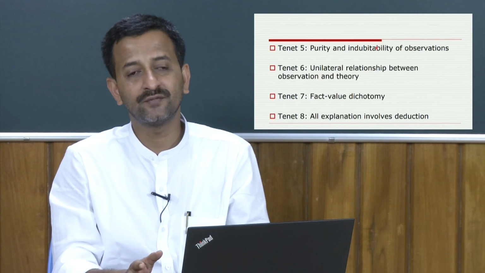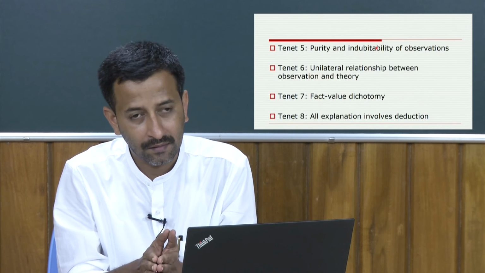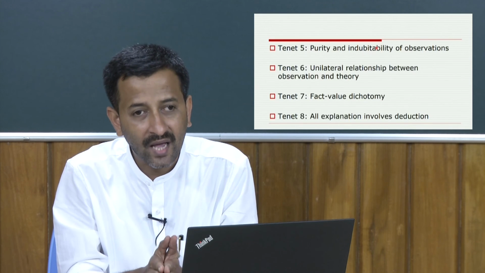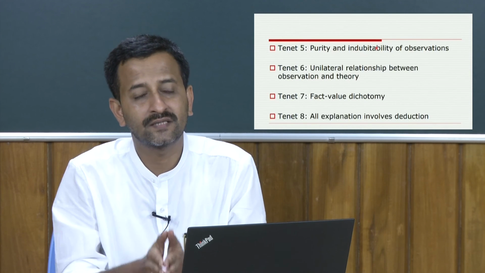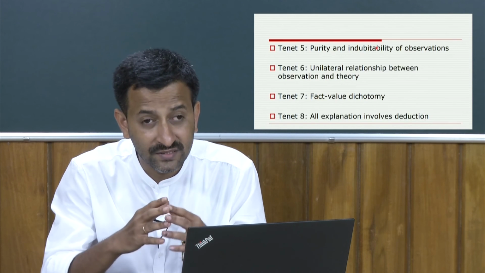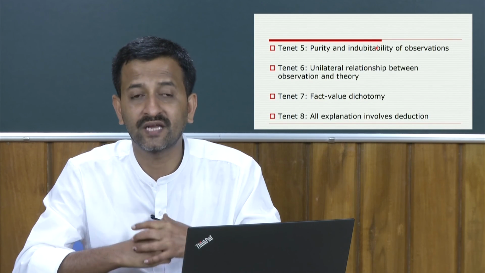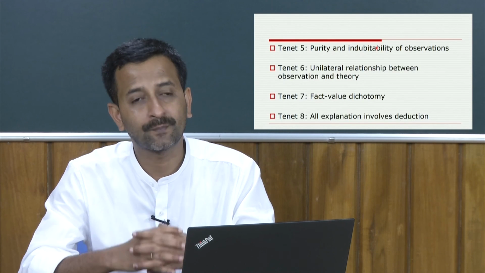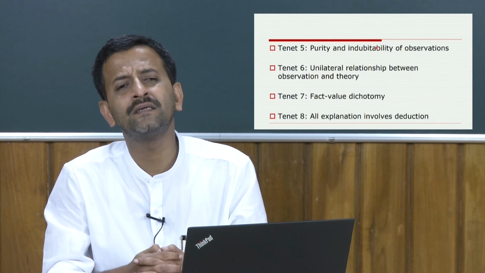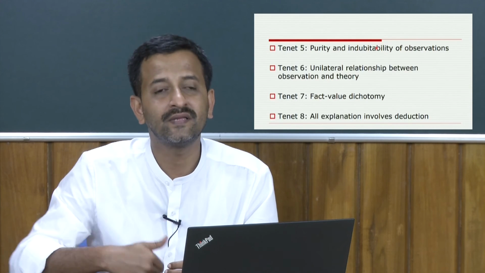As we discussed, observations are prior, observations lead to the formulation of theories. That is why observations are pure, observations are indubitable, observations cannot be doubted. That is why you will find observations are prior and theories are merely interpretations of those observations, and hence they are posterior.